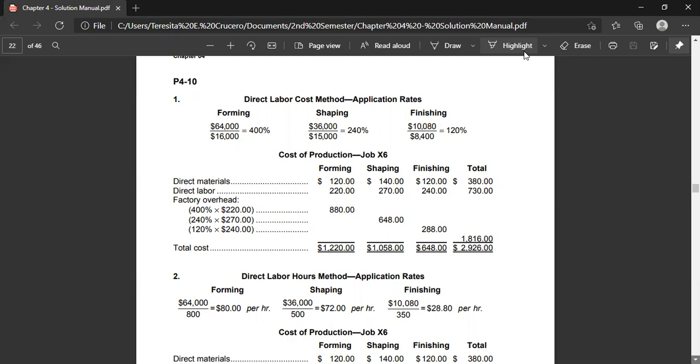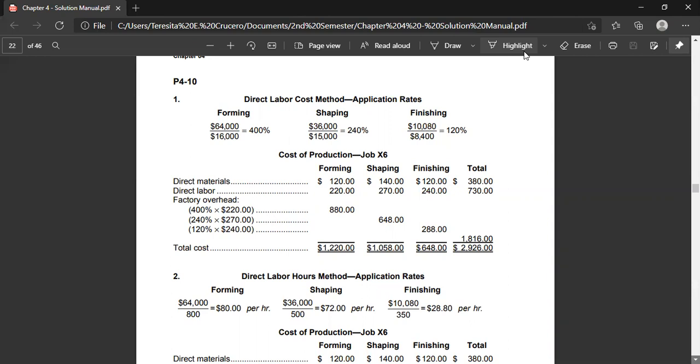The estimated monthly factory overhead for the departments is as follows: forming $64,000, shipping $36,000, and finishing $10,080. The estimated production data include the following. So we have forming, shaping, and finishing as the three departments. We have materials used, direct labor cost, and direct labor hours.